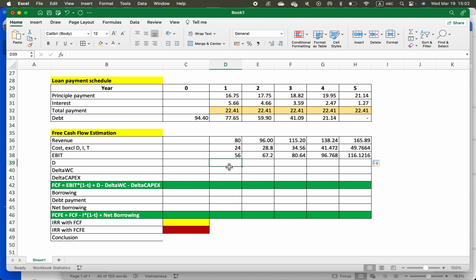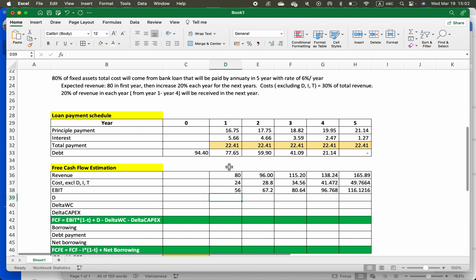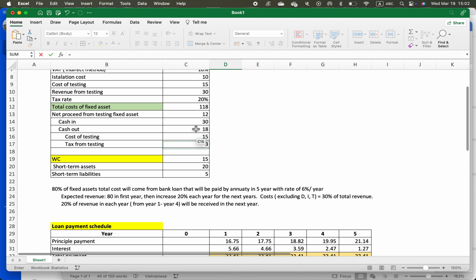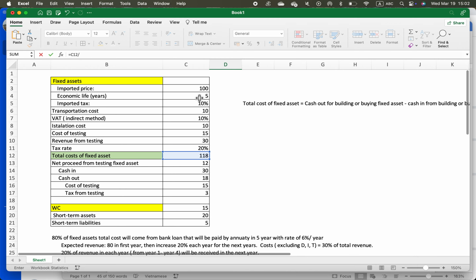But now we have to calculate the depreciation cost. Suppose that the depreciation cost is estimated by using the straight line method, which means that we divide the total cost of the asset over the number of years of the asset, which is 5, right? Which is over 5.